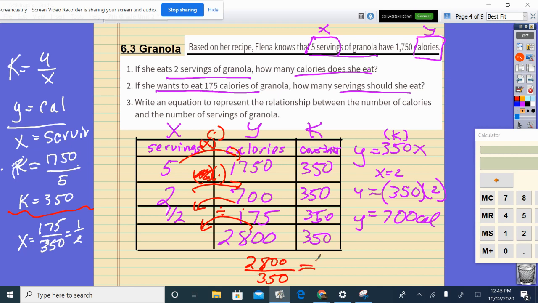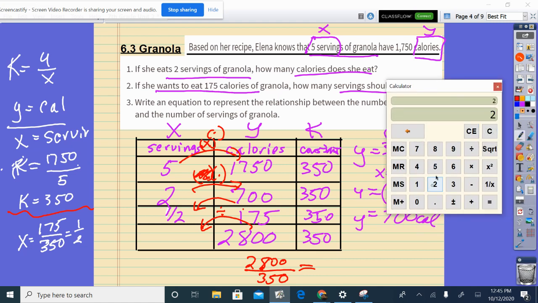I'll use my calculator again. 2,800 divided by 350 equals 8 servings. So just remember, if you have to go back to X, divide Y by the constant. If you have to find Y, you multiply X by the constant. And if you're trying to find the constant, of course, you divide Y by X.